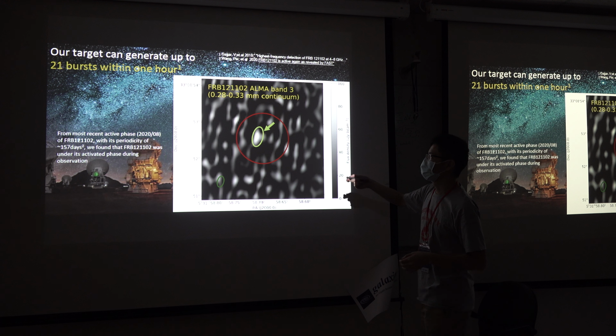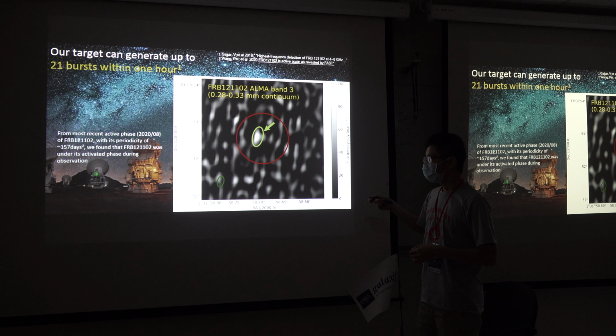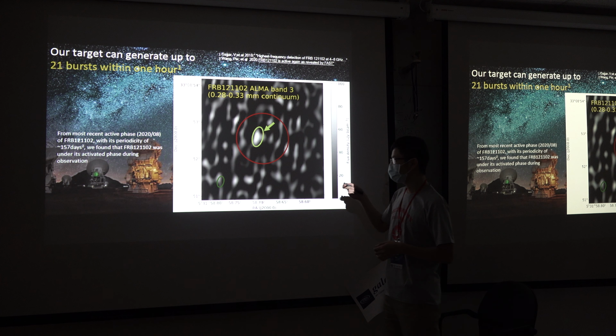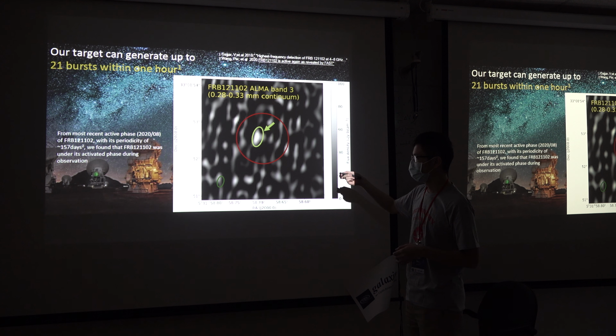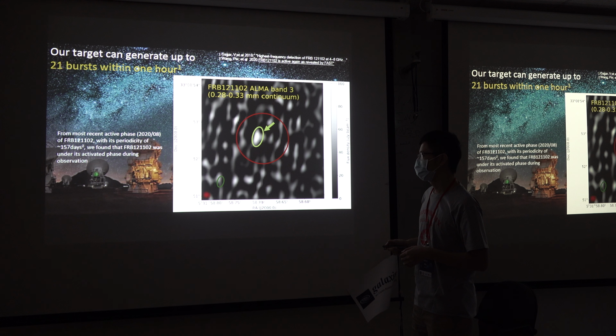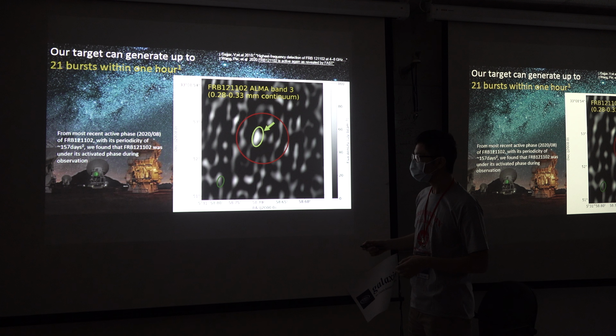In this figure, the red circle indicates the whole galaxy of this FRB in the optical band using VLT, and the light green circle here is the possible origin of the FRB, and the darker green ellipse here is the synthesized beam that indicates the PSF in this figure.